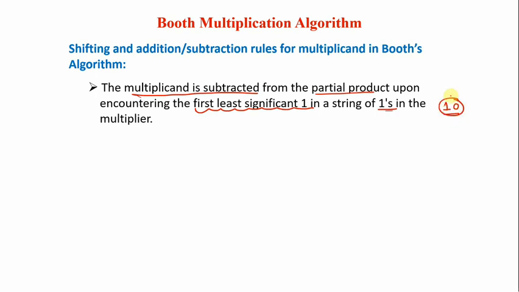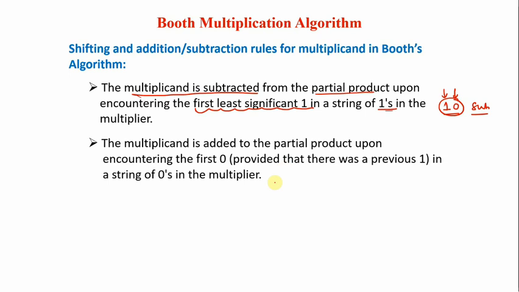When the previous bit is 0 and the current bit is 1, it performs a subtraction. And the multiplicand is added to the partial product upon encountering the first 0, provided that there is a previous 1. In such cases, it has to perform the addition.